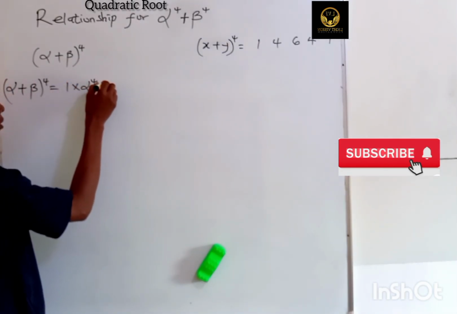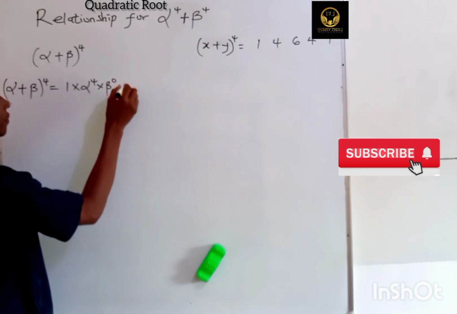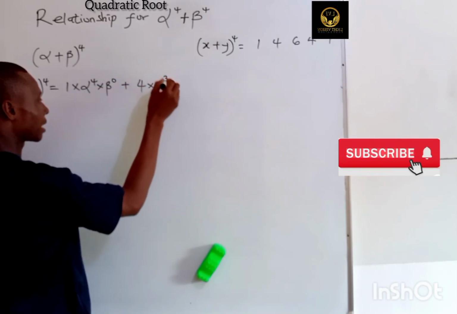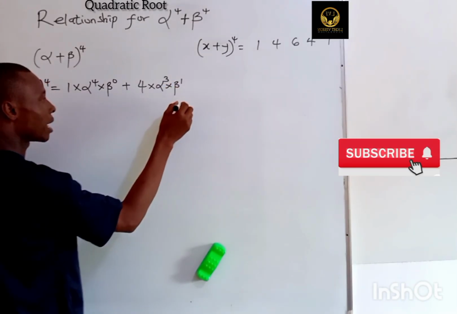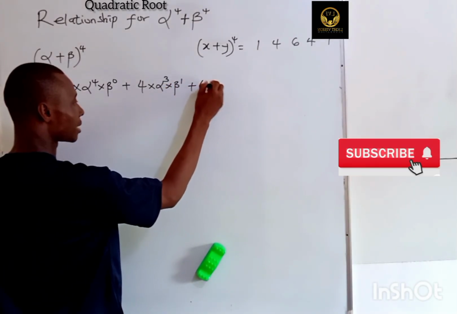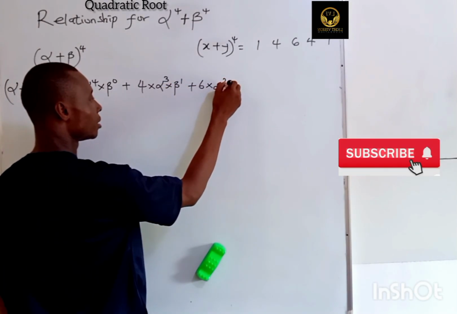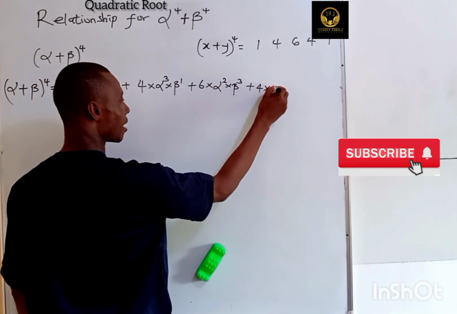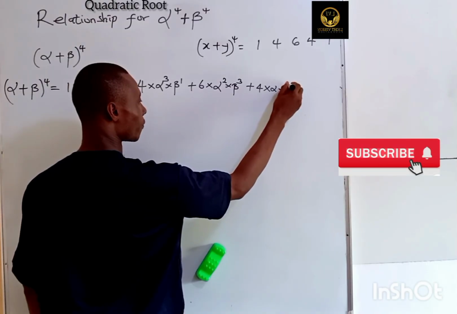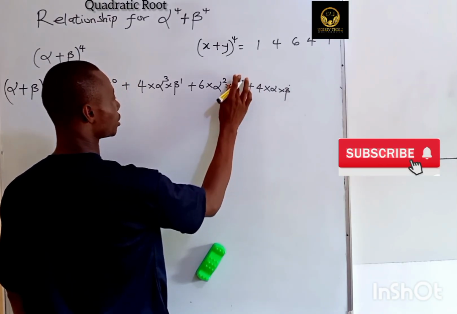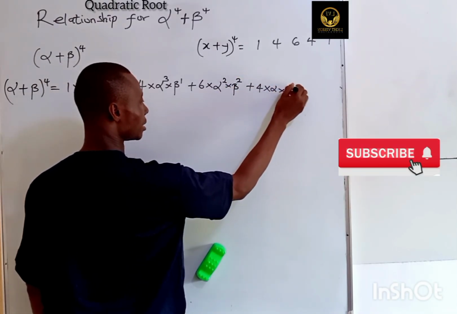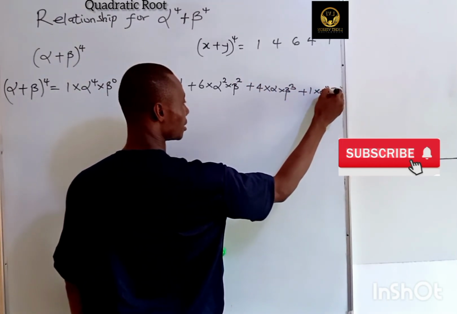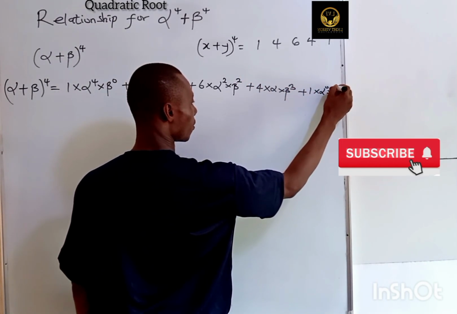alpha raised to the power of 4 times beta raised to the power of 0, plus 4 times alpha raised to the power of 3 times beta raised to the power of 1, plus 6 times alpha raised to the power of 2 times beta raised to the power of 2, plus 4 times alpha times beta raised to the power of 3, plus 1 times alpha naught times beta raised to the power of 4.